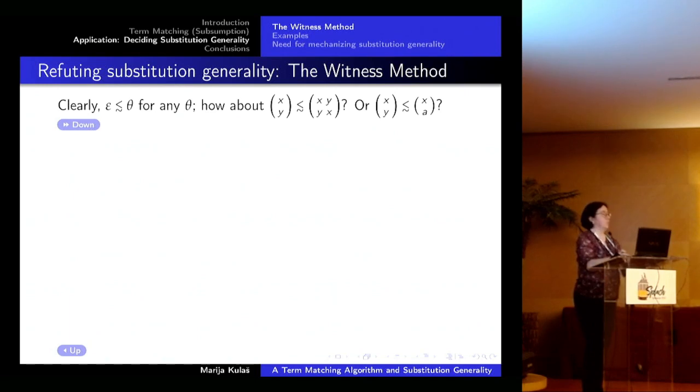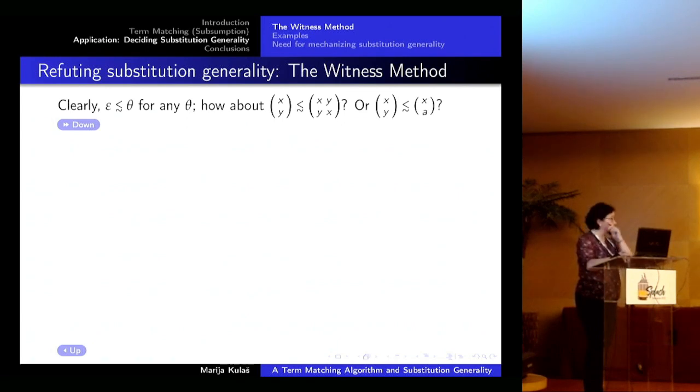Which one is more general? Is there an opinion on this? x to y, or x to y and y to x? The second one, you're right.